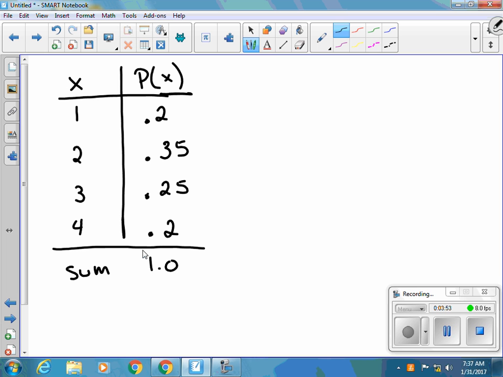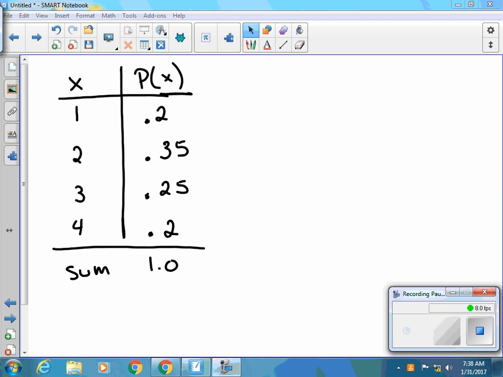Okay, so how does this help? This helps because we can now compare distributions based on their expected value.